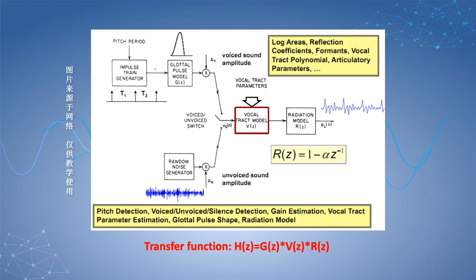It is so called because the current speech sample is generated from a number of past samples plus the current excitation. By analyzing the vocal tract model, we can get some vocal tract parameters, which also need to vary with time. In most cases, the radiation model R(z) is ignored.